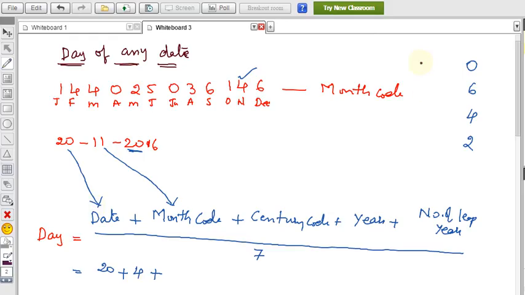Now this is the 15th century, 16, 17, 18, again repeated 19, 20, 21, 22 and so on. Again 23 will come again 0, 24, 25, 26. This is the order. Now this is the century code.